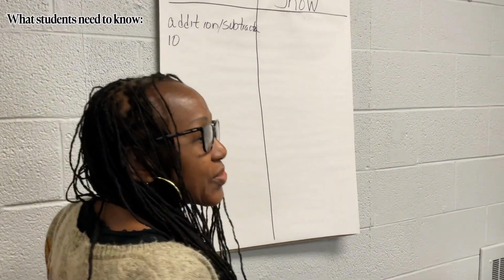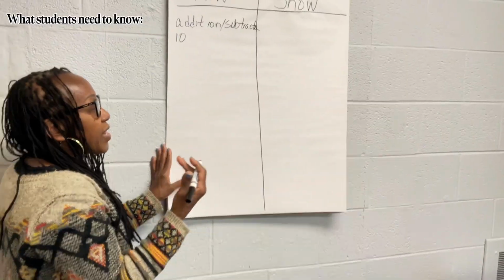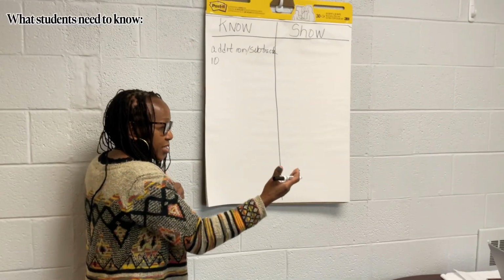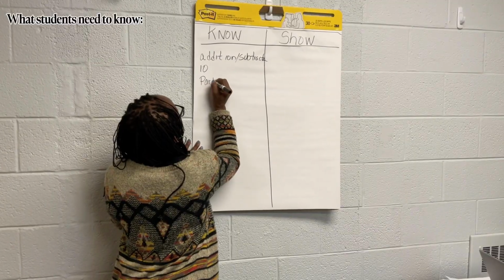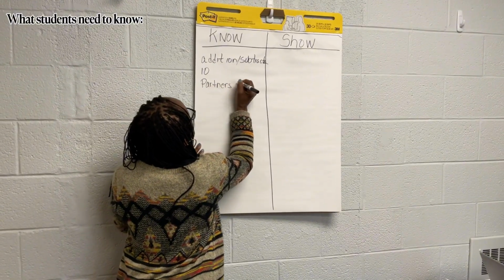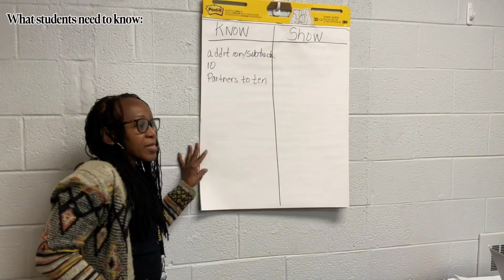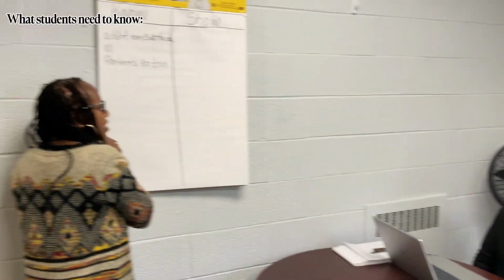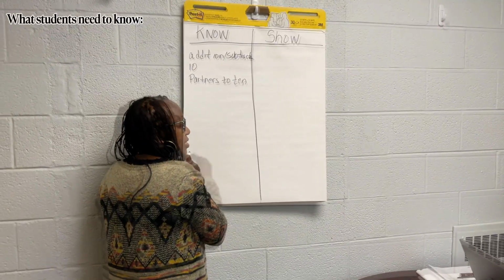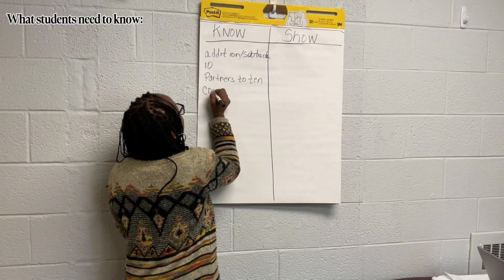And they also need to know the relationship of numbers up to 10, like the partners to 10. Anything else you can think of? Yeah, they need to understand how to count on. Okay. So counting on.